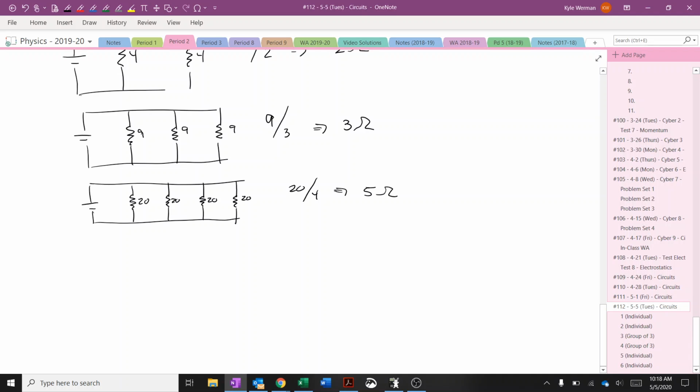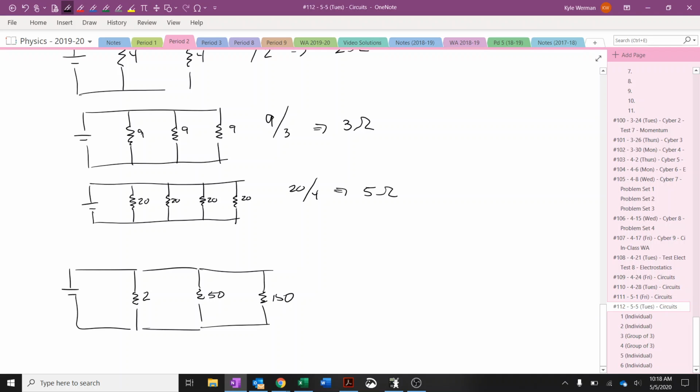Let's look at another pattern. In this pattern here, we have multiple resistors in parallel. Let's do a set of 3. And this is helpful for estimating. Let's say I have one that's 2, 50, and 150. If I were to calculate this, what do you think the equivalent resistance should be?